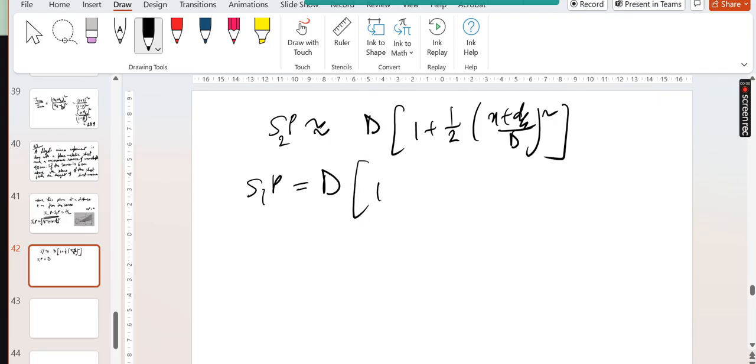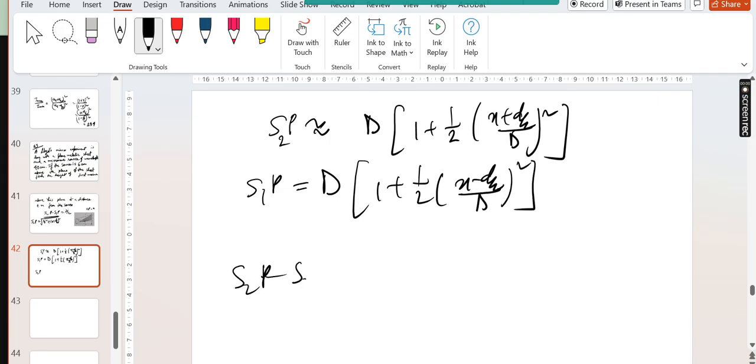S1P becomes D times 1 plus half of x minus d by 2 by D whole square. So S2P minus S1P becomes x small d by D. That should be lambda by 2.